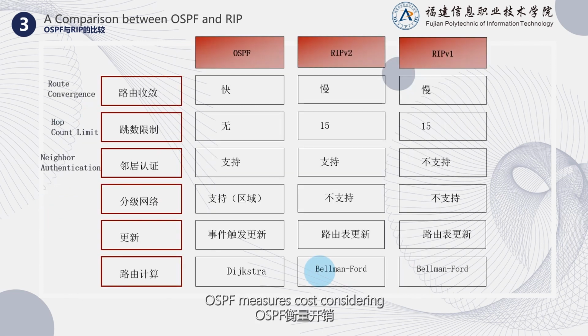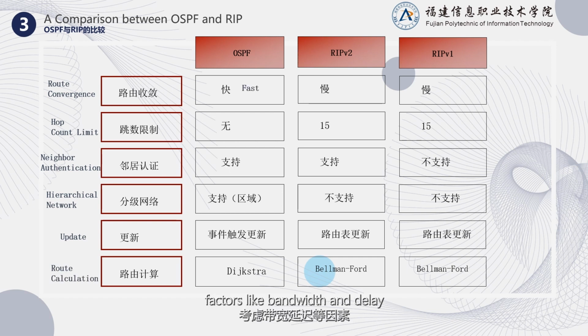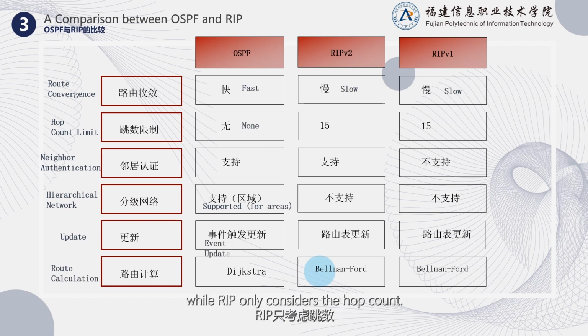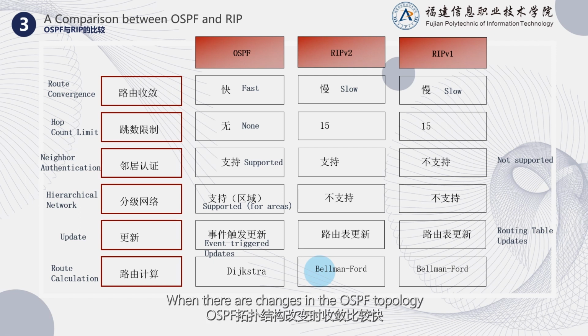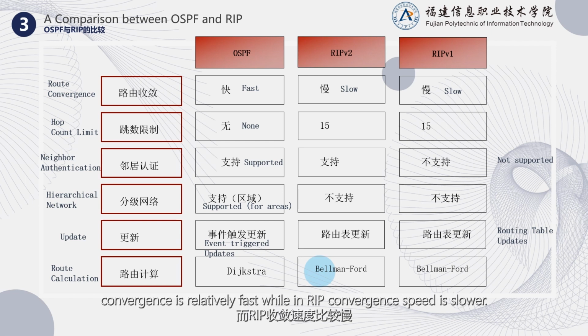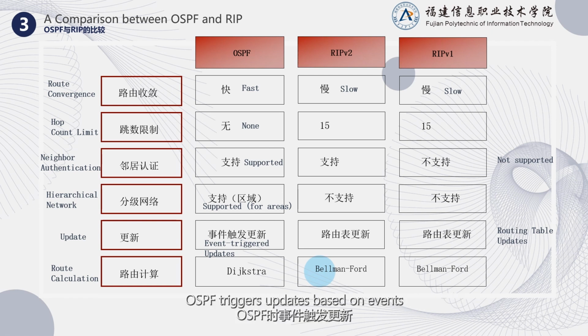OSPF measures cost considering factors like bandwidth and delay, while RIP only considers the hop count. When there are changes in the OSPF topology, convergence is relatively fast, while in RIP, convergence speed is slower. OSPF triggers updates based on events, whereas RIP triggers updates based on routing changes.